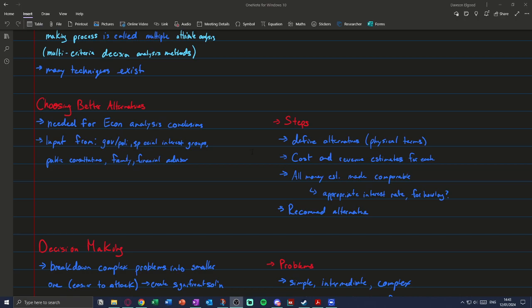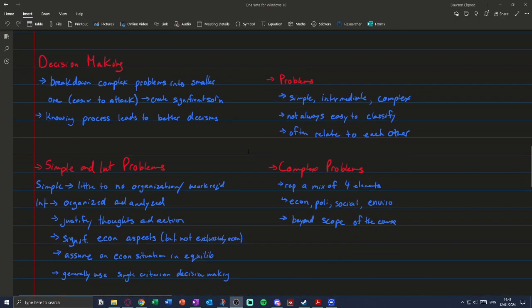So when it comes to decision making, you want to break down complex problems into smaller ones so they're much easier to attack, and then create a significant solution. So once you break those down and you can pick them off, it's going to make life much easier. So knowing the process that you can do when it comes to decision making is going to lead to much better decisions. So you're not just kind of picking random things out of the air.